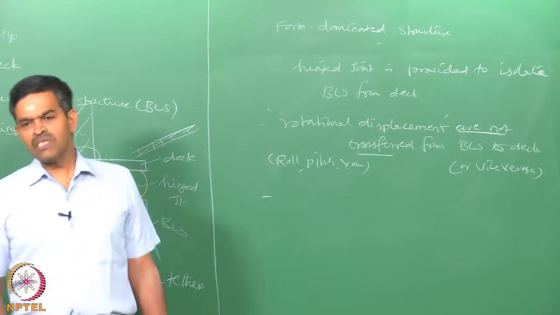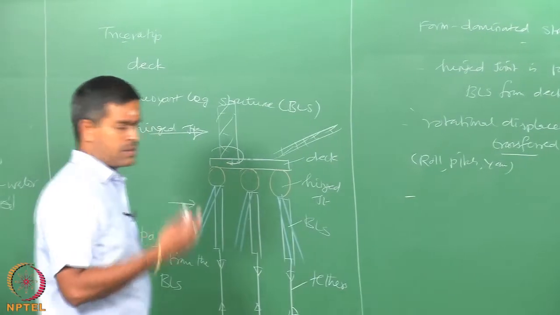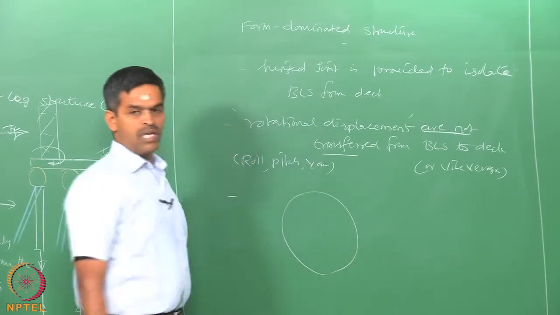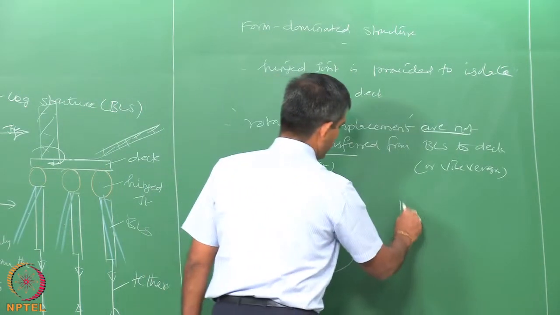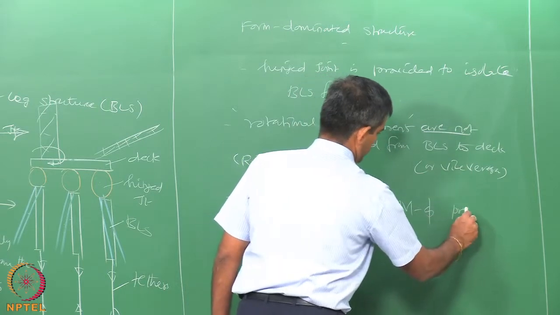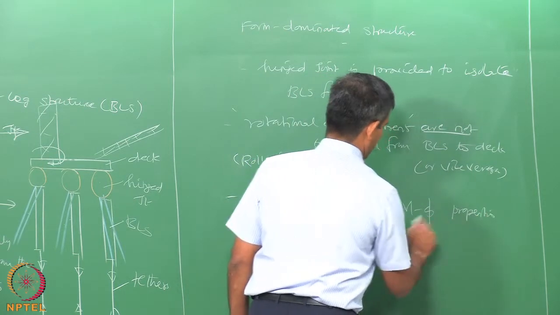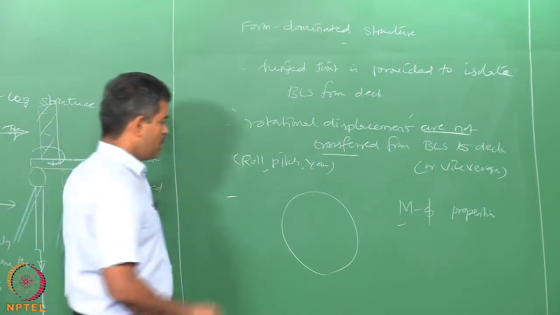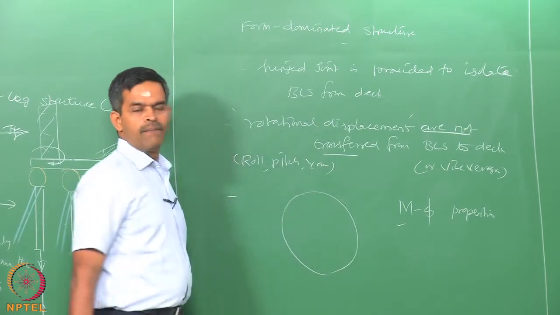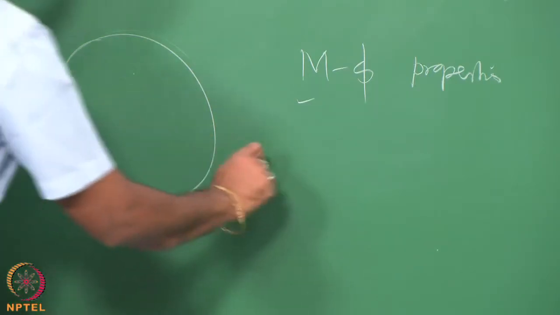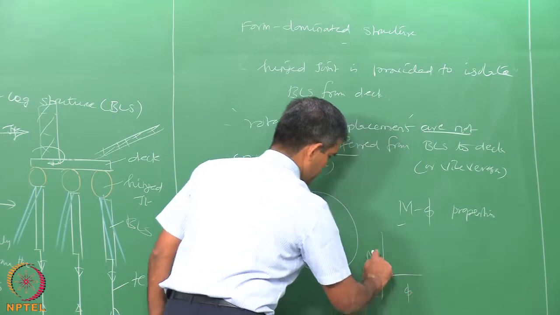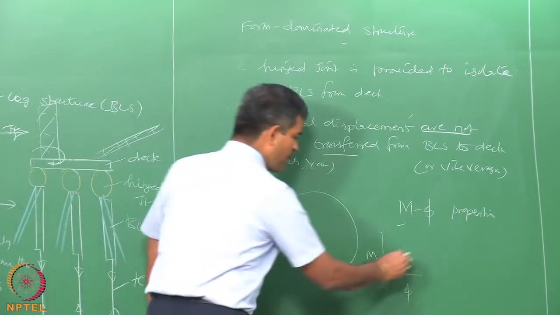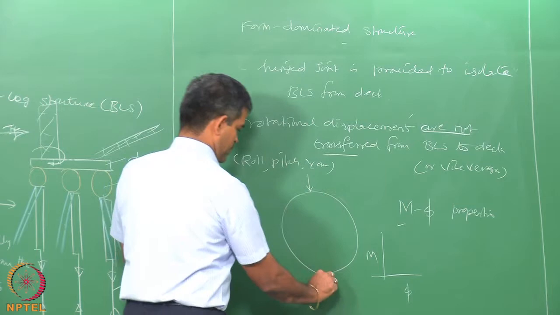Now, one can ask me a question: what is the complexity in modeling the hinged joint under the system? If you have a hinged joint whose rotational characteristics, what we call M phi properties, that is rotational characteristics under the given moment, need to be established, one can easily know that, being a steel joint, the joint will have some specific M phi property when it is not loaded, but a different M phi property when it is loaded.